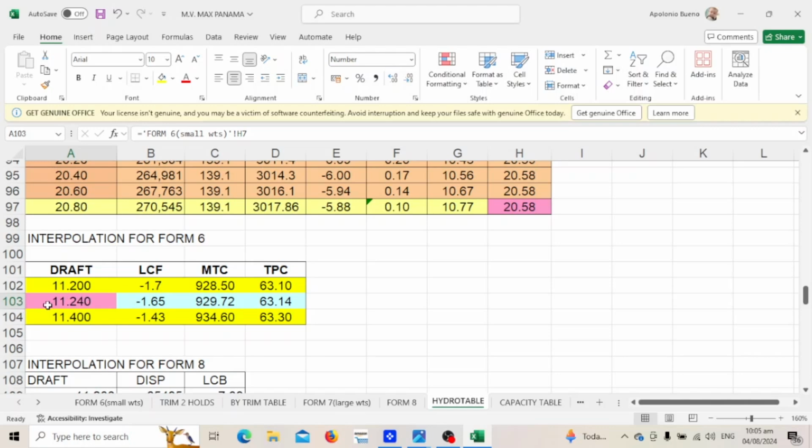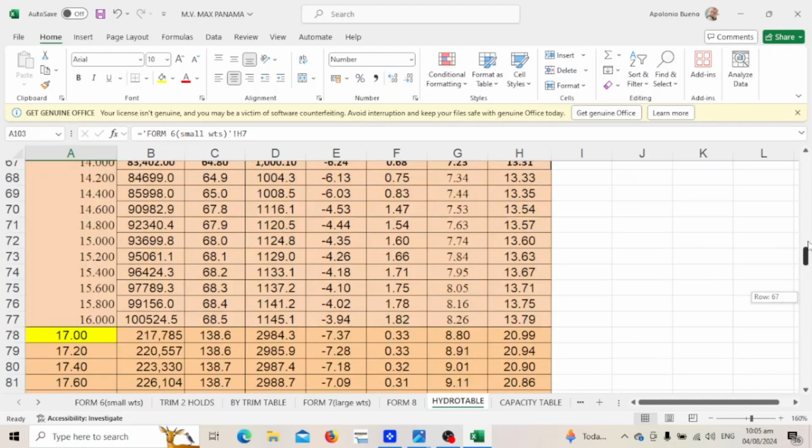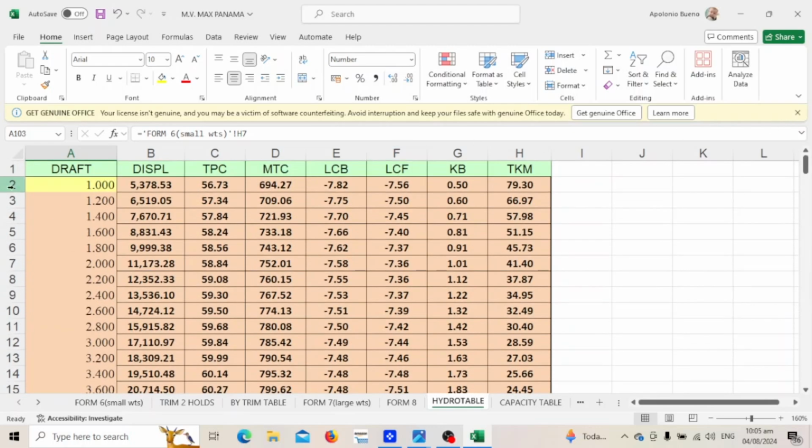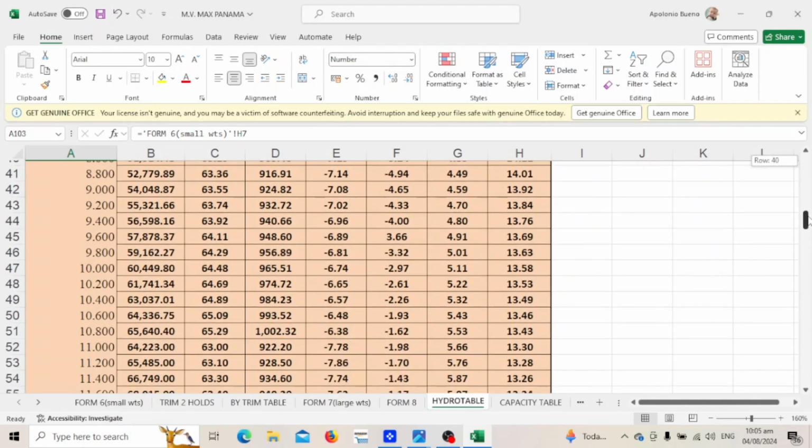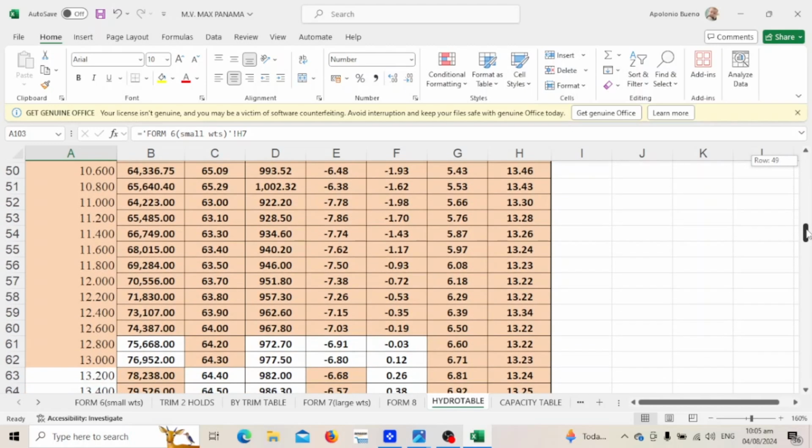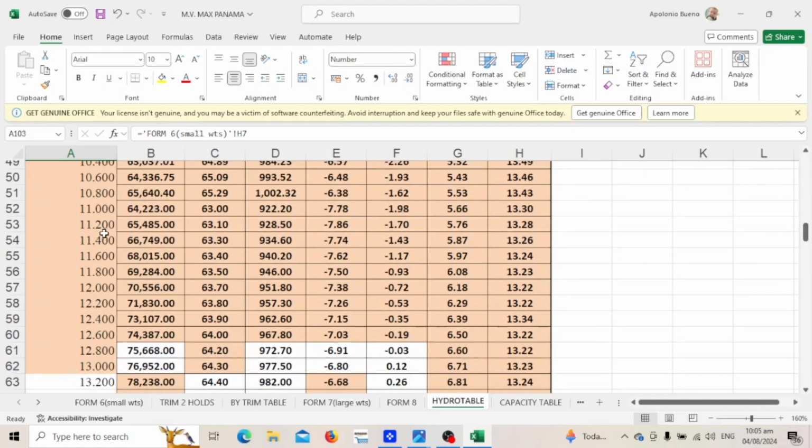So this is your mean draft. Once you check, consult the hydrostatic table, which is this one, where we have the draft, displacement, TPC, MTC, LCB. So you will have to interpolate. Where do you get 11.24? You go to 11. So 11.24 is in between 11.20 and 11.40, so you have to interpolate.